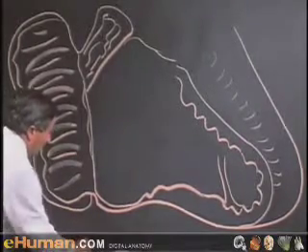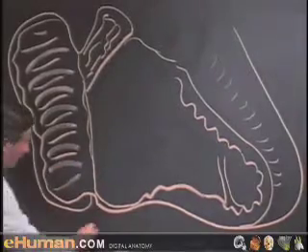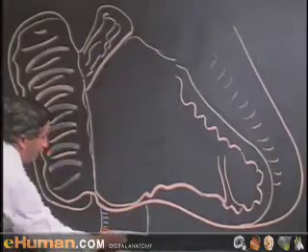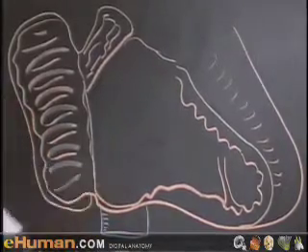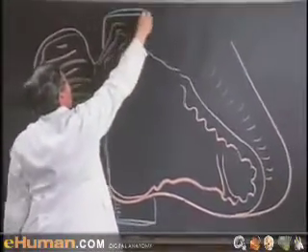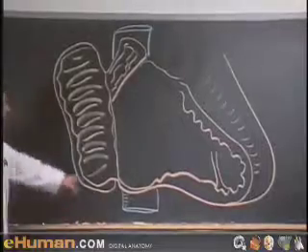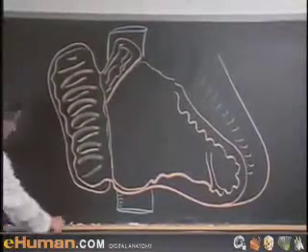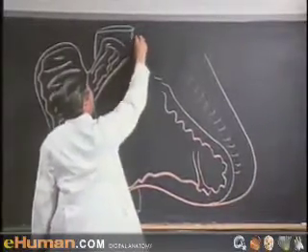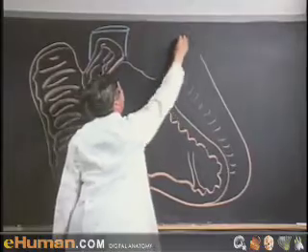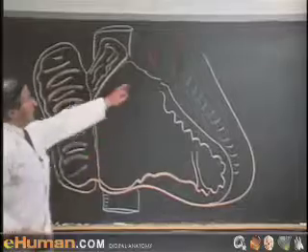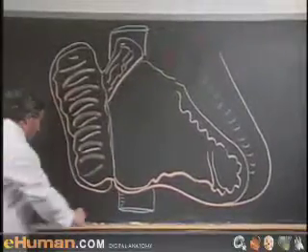Now we'll put in some of the great vessels so that we can see where we are located. Here is the inferior vena cava coming up into the lower part of the right atrium, and here's the superior vena cava coming down into the upper part of the right atrium. And then we can show the ascending aorta passing up here in this sort of manner, with the stump of the right coronary artery coming off the anterior surface of the ascending aorta.